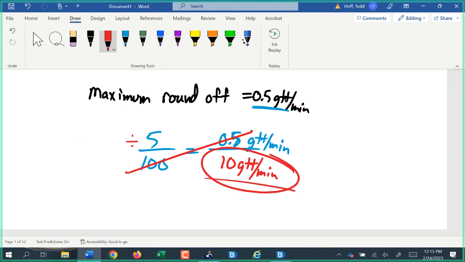So if our dosage is at least 10 drops per minute, then this infuser is guaranteed to be okay. If our calculated dosage is less than 10 drops per minute, then we have to be careful about this infuser. If the calculated amount is getting really close to being right between drops, the round off error might be too much to be acceptable.